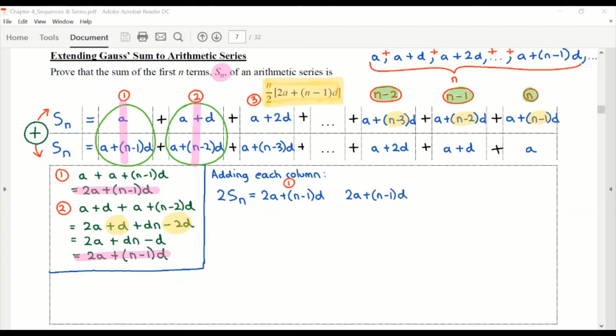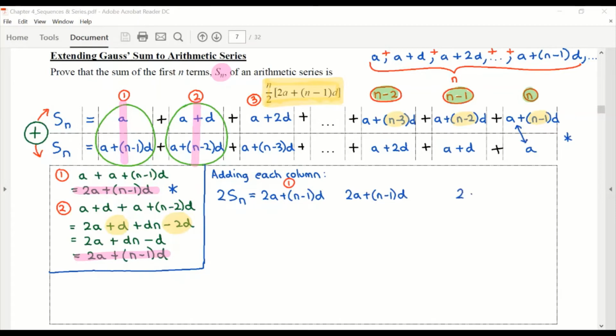And I think I've made my point. If we go all the way along, the final column, you can check it if you want to, but it's blatantly obvious because it's the same as the one we did here. These are just exactly the same calculation. You can see the a's are going to just combine to 2a plus n minus 1d.